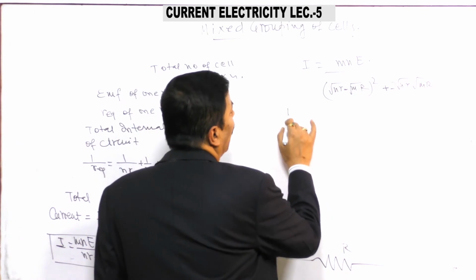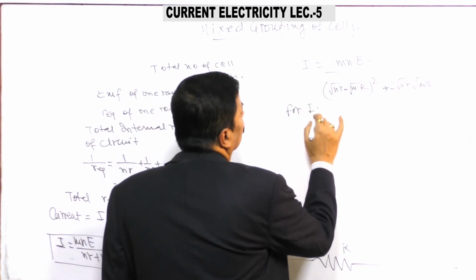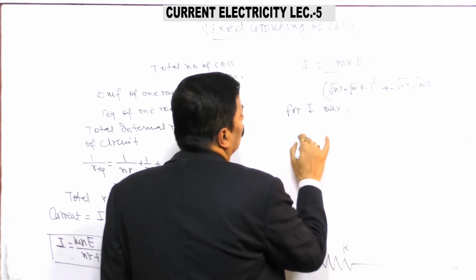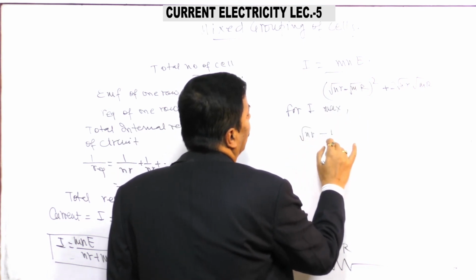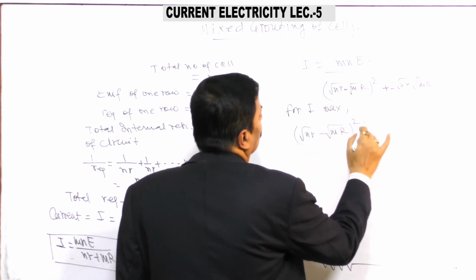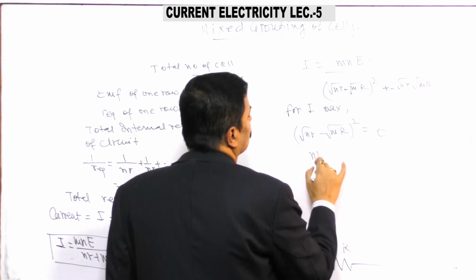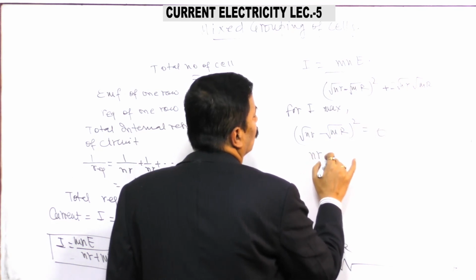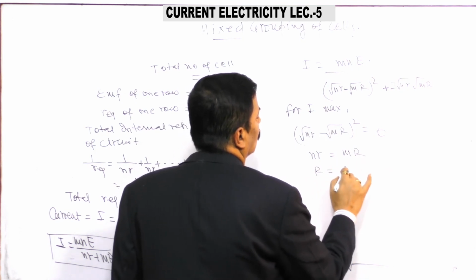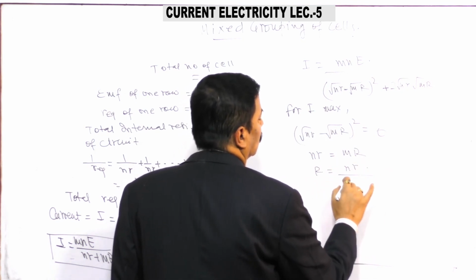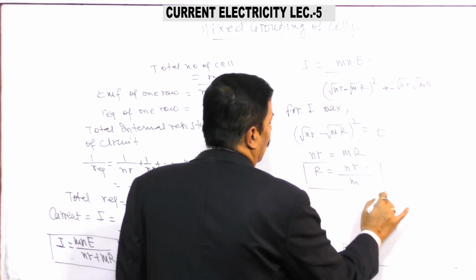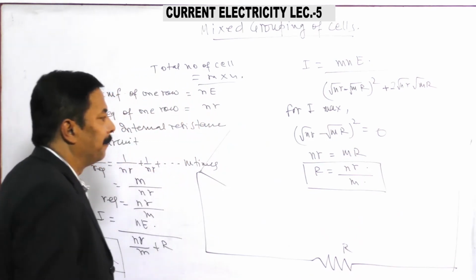So for I max, root nr minus root mR equals 0, giving R equal to nr by m.